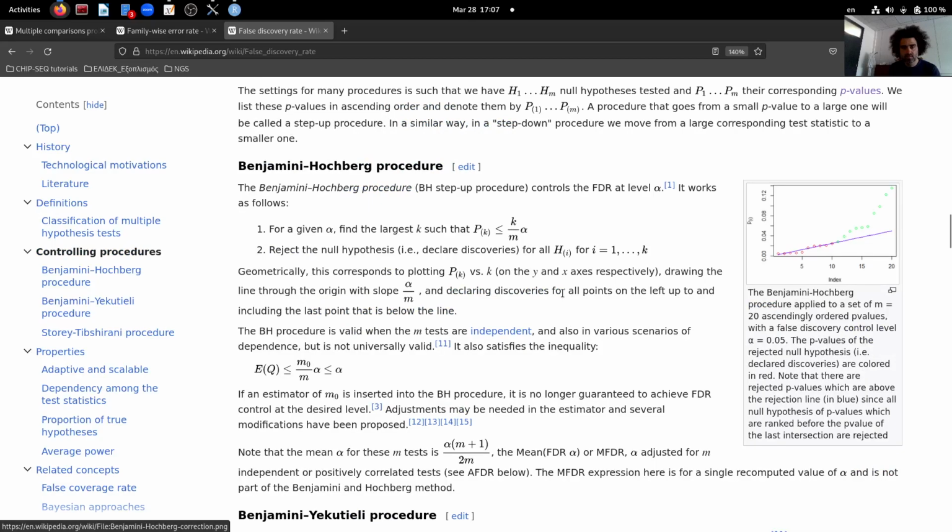Okay, so again we reject for all cases where this holds, and actually we reject for all cases until the largest k. We had I in our experiment where this holds. So for example, this will be more clear here.